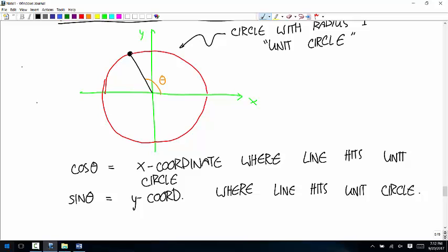Is the x coordinate at that point positive or negative? Negative. And so the cosine of 120 degrees has to be negative. Is the y coordinate positive or negative? Positive. And so sine of 120 degrees has to be positive.